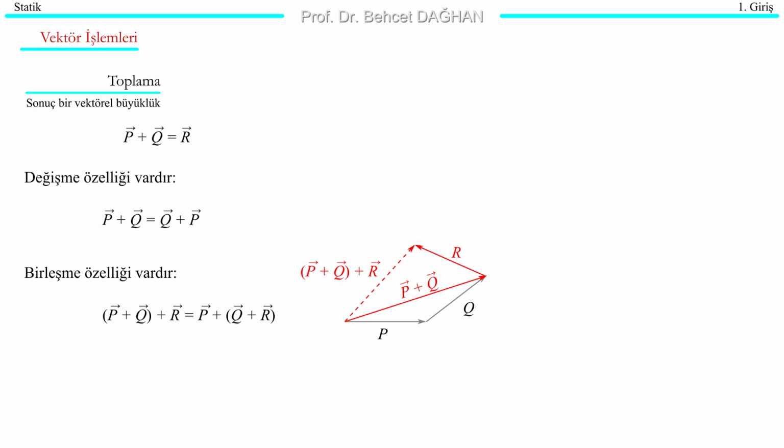Let's add R to the end of P plus Q. Let's find the sum of all three of them like this. Then let's add Q and R first. Then let's add Q plus R to the end of P. Again, we see that we get the same result.